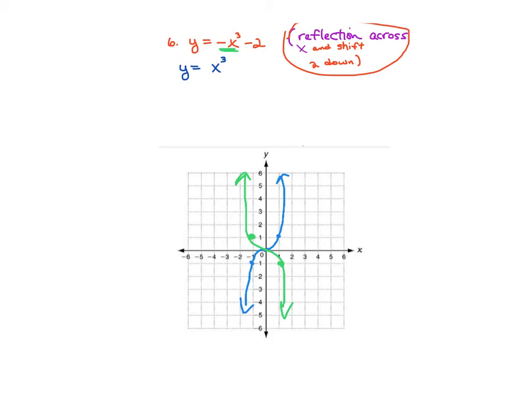So the final shifted graph, I'm going to take the green points and shift them down 2 units. So 1, 2, shift down again the origin, 1, 2, and then this ordered pair also, 1, 2. And then again, I'm going to connect my points.